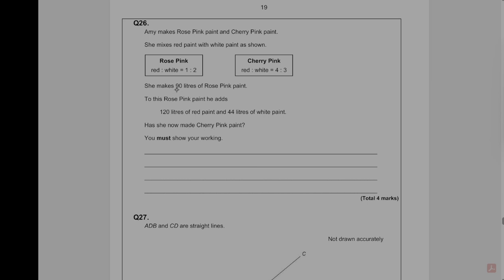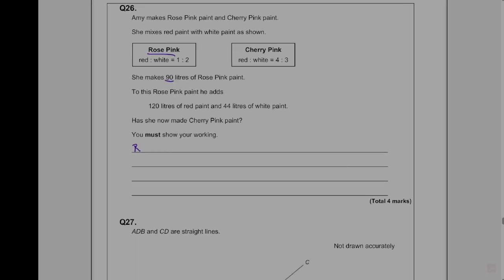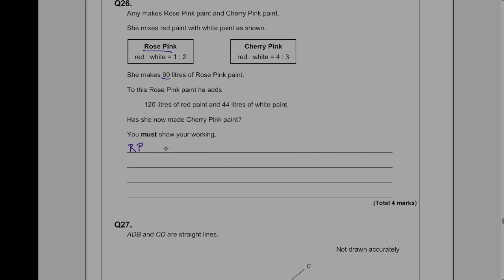Okay, so if we start by splitting rose pink paint, RP, into the ratio red to white 1 to 2, and we want to split 90 into this, so there are 3 parts, so I'm going to do 90 divided by 3, so that's going to be 30, so we've got 30 litres of red and 60 litres of white.